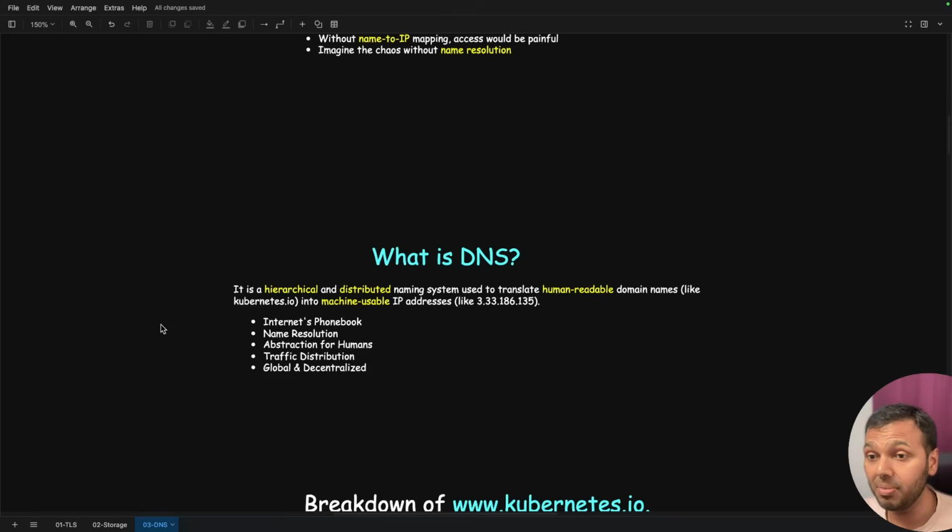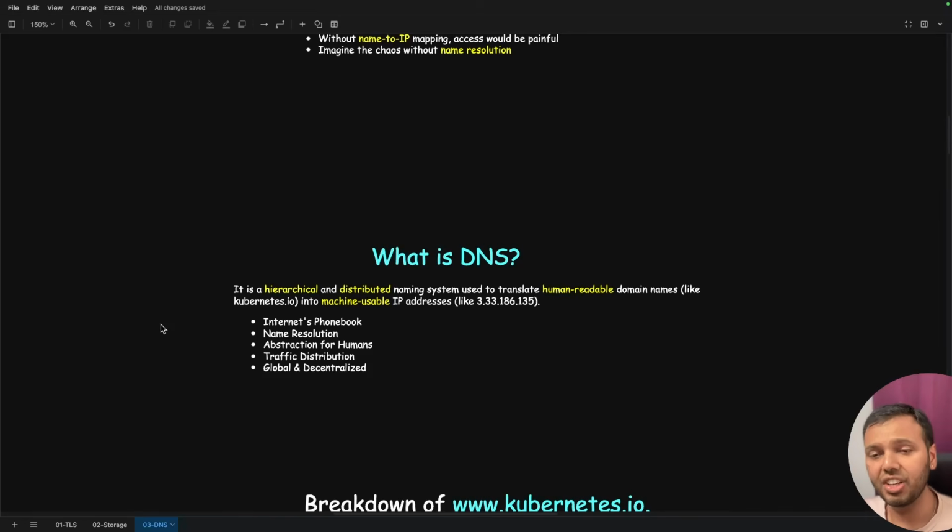A system that is this critical as DNS cannot be centralized. It must be distributed so that if any of the components are not functioning properly, it doesn't prohibit name resolution. Hence, the DNS system is hierarchical and distributed. Why hierarchical? We will see this as we progress with this lecture.